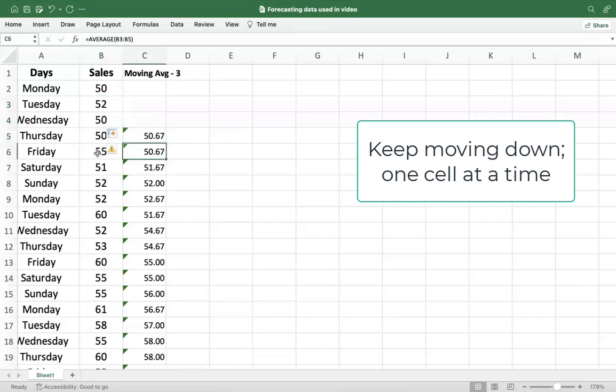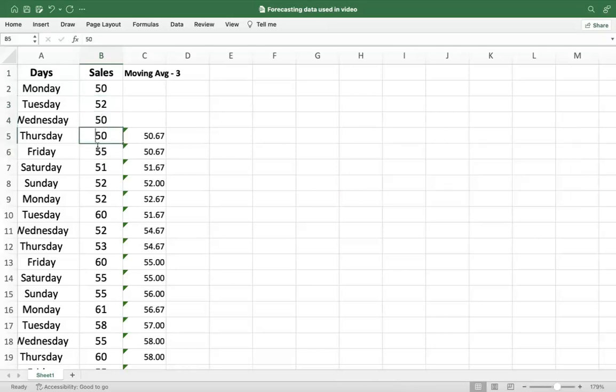When the actual sales data turned out to be 55, we put it here. The idea is that it is called moving average because we keep moving one cell down. We started with this one, our starting point, and the average of it is 50.67. Then in the next step, we calculate the average of 52 plus 50 plus 50, and then the average of the next one, and then the next.